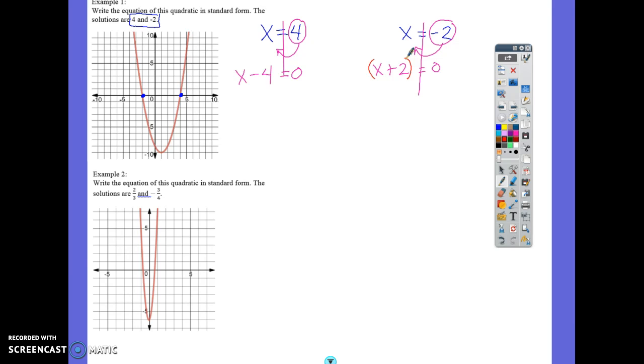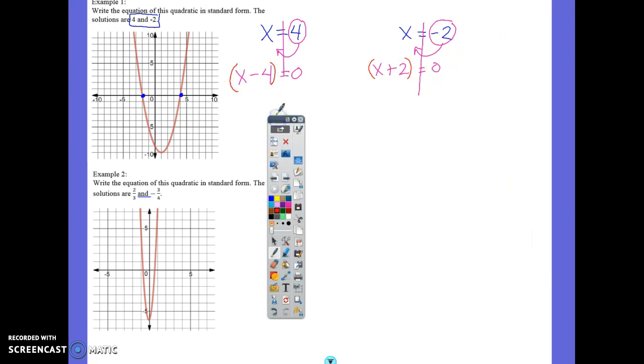Okay? And once you found those, I'm going to take these two factors and multiply them using the box. So let's draw the box over here on the side. I have x minus 4 and x plus 2. I got them from right here and right here.